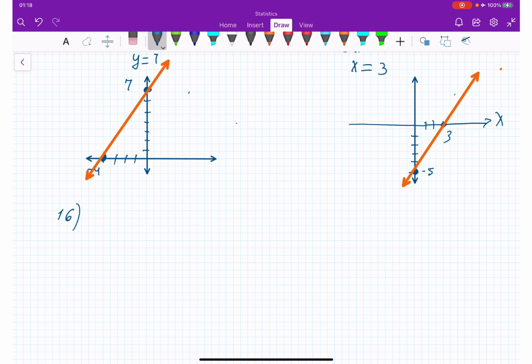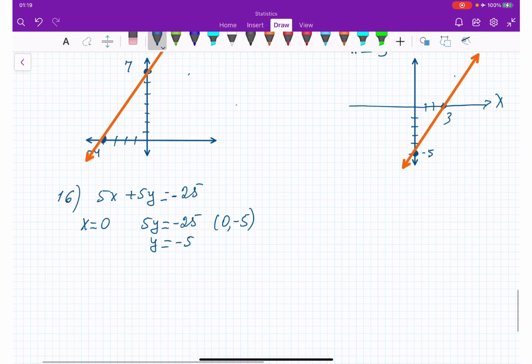So in this case we have 5x plus 5y, and it's equal negative 25. So let's go, x is equal 0. We will have left 5y is equal negative 25, and y is equal negative 5 from here. So first coordinate will be 0, negative 5.